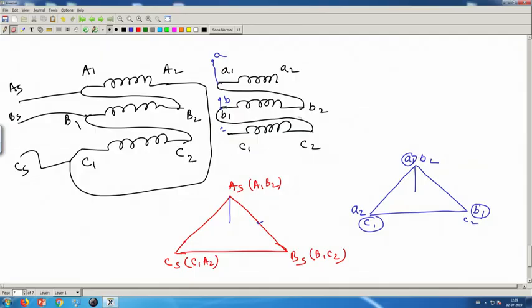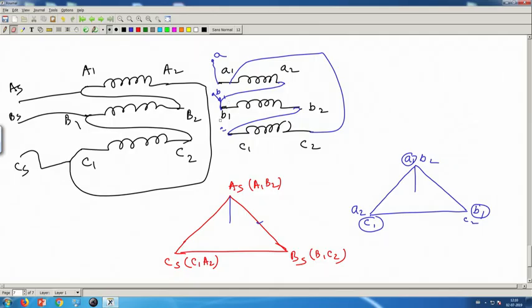What I wanted to do is make another valid delta connection, but this way, got the point? So, it will be like this. Then you say this is A, this is your B, got the point?